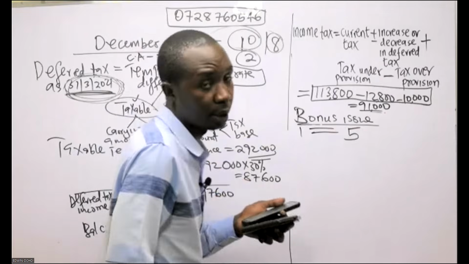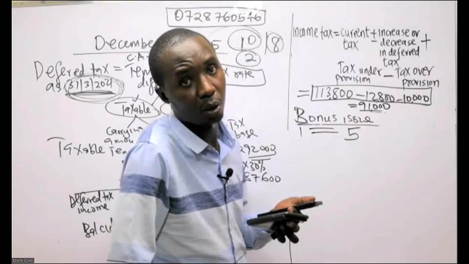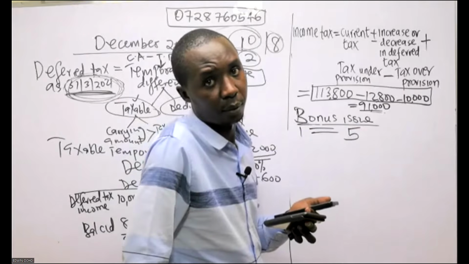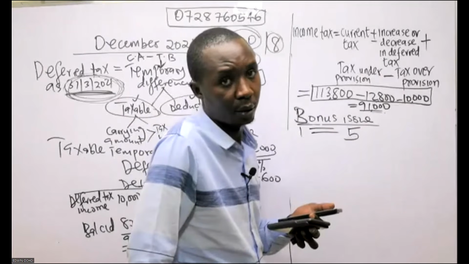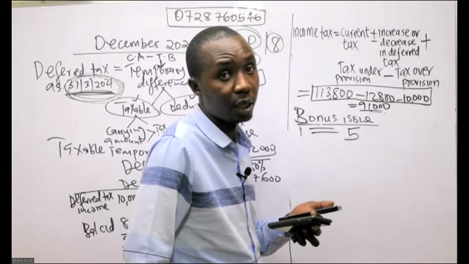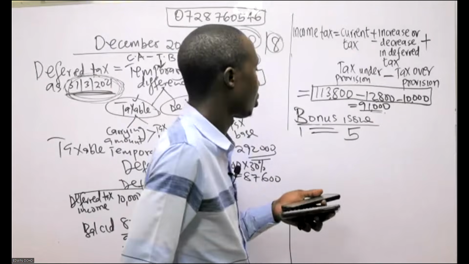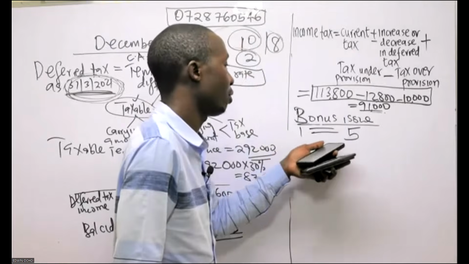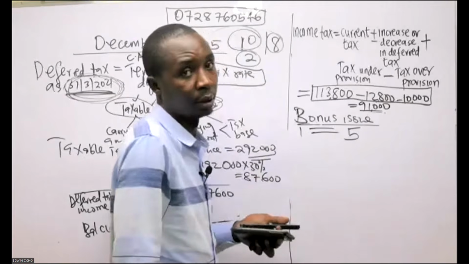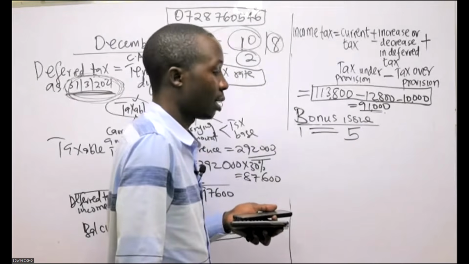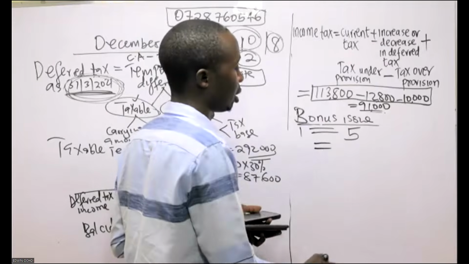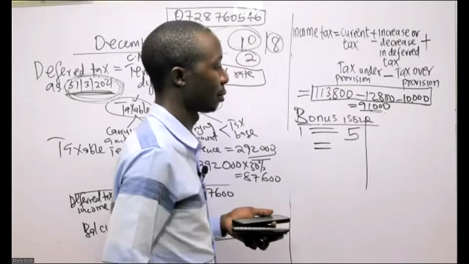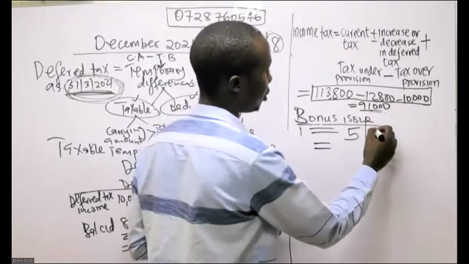Remember that a bonus, I said, is shares which are issued at no consideration to the existing shareholders based on a certain proportion. Like here, they are being given 1 share for every 5 they hold at no consideration. How many shares are the shareholders holding?